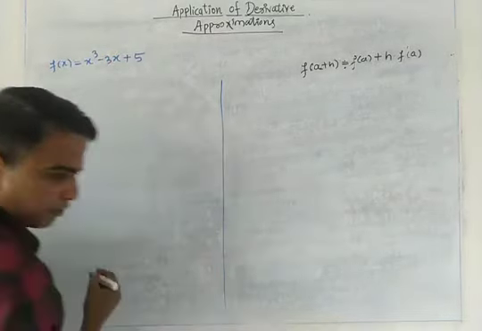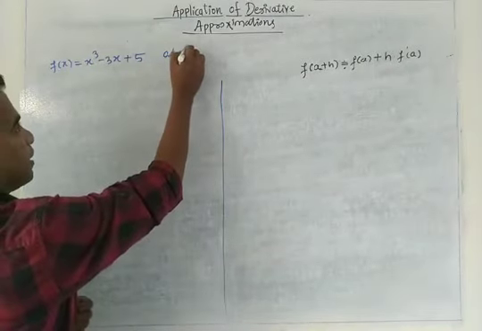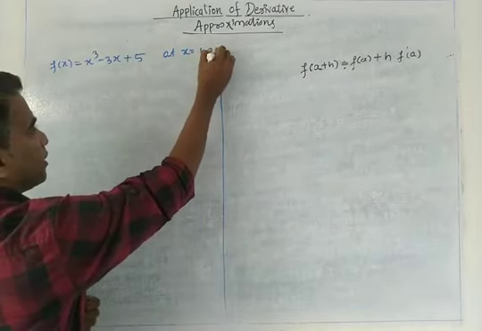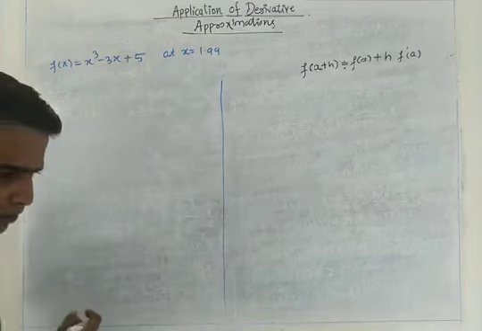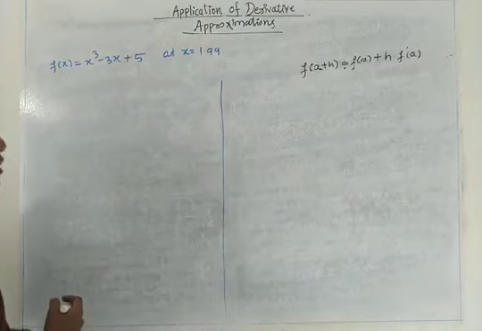They gave the function at x is equal to 1.99. Okay, they gave the value of x also.